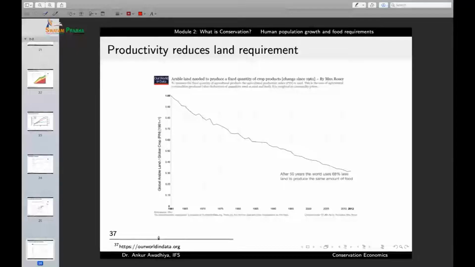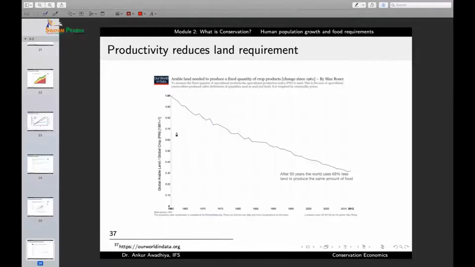So, by increasing the productivity, it is also possible that we might be able to leave certain forests as they are. So, if the human population is increasing and we need to provide them with more and more amount of food grains, there are two options. Option one, bring more land under cultivation as was there in the days of Malthus. Option two, use the same amount of land but increase the productivity, which is what is the focus these days.